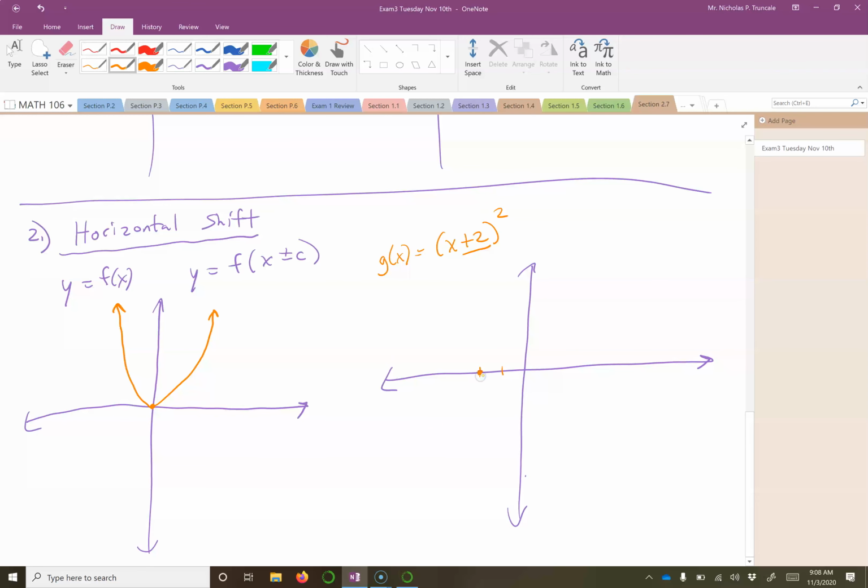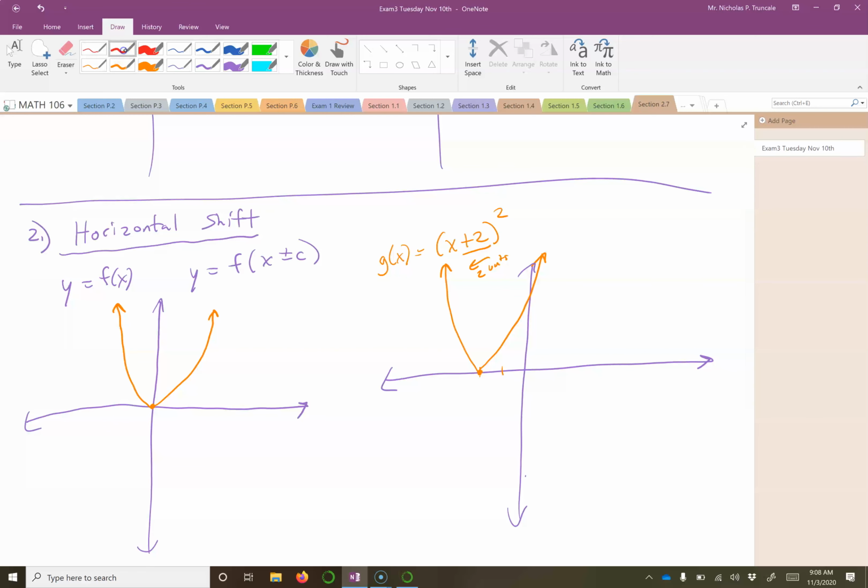Now, we didn't do a vertical shift. We're only moving along the x-axis. So once your horizontal shift is finished, then you just draw the parabola like you would normally. So plus 2 really means to the left 2 units. So you have to think opposite from the vertical shift.